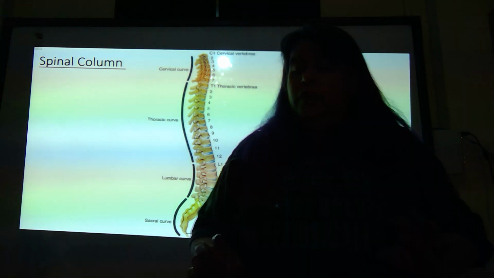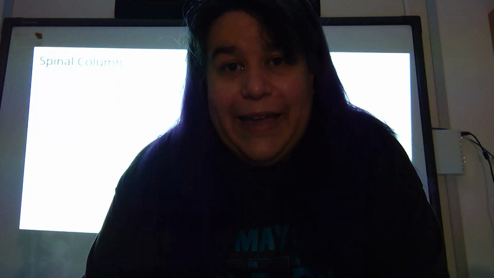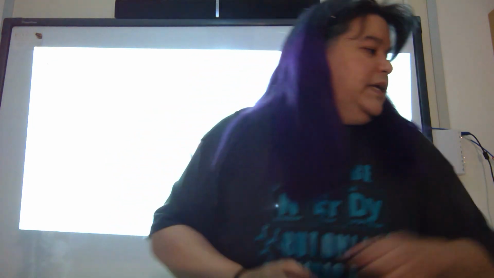So the first 2 vertebrae are pretty unique. They're pretty special because they give us the ability to do this and this with our head. So they are built very differently. They don't look like any of the other vertebrae that we have. So let's start there.